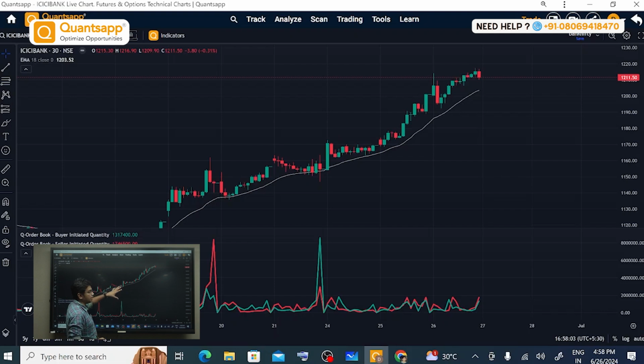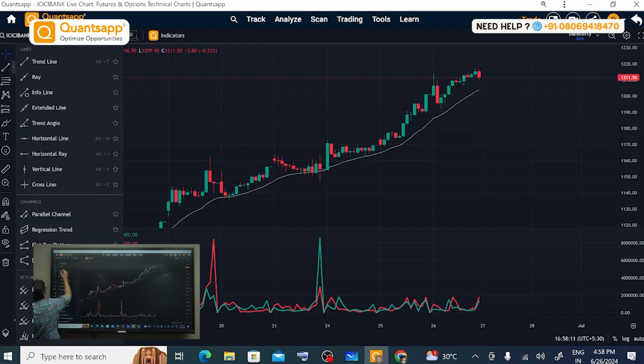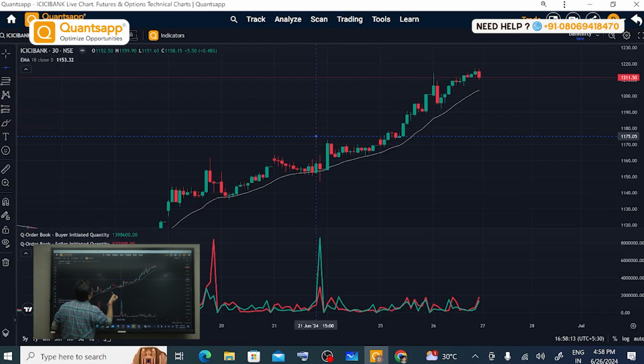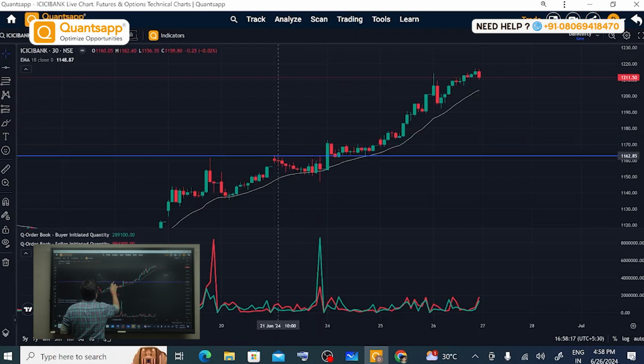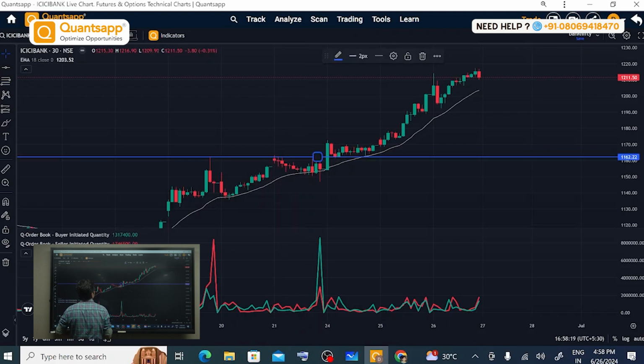If I am looking at a resistance breakout, it has given me the resistance breakout. So what I'll do, I'll just draw a line over here. You can see this is the level it has tested. On 25th of June, you can see it has given the momentum.